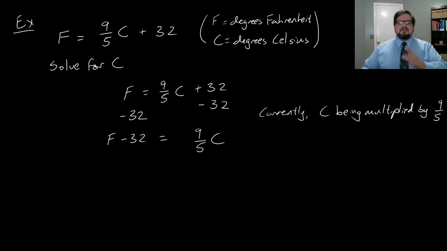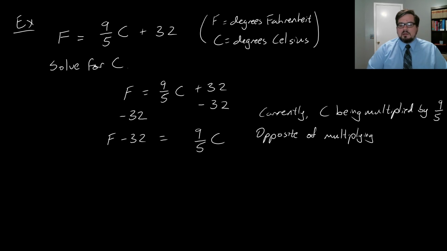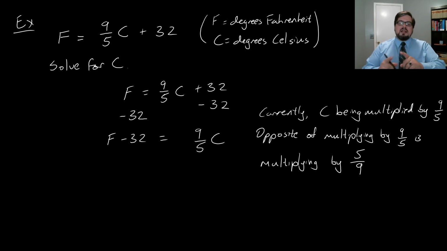However, dividing by a fraction always carries with it a certain amount of complexity. You get fractions and denominators, you've got to flip and multiply, things like this. So I want to get us in the habit of doing the following. The opposite of multiplying by 9/5 is actually multiplying by 5/9. Multiplying by a fraction is the opposite of multiplying by that fraction's reciprocal.